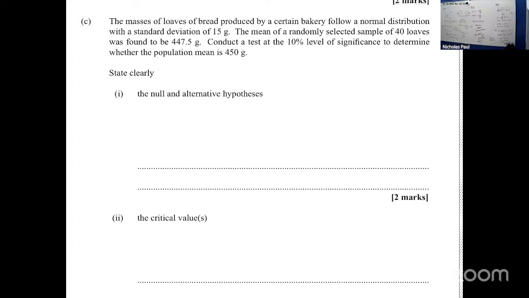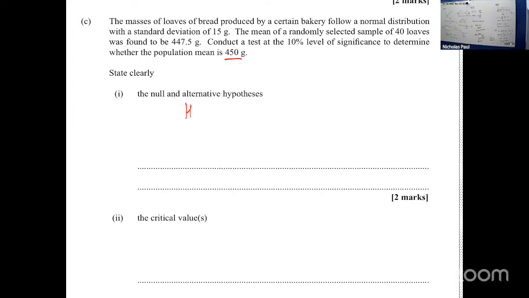Let's just make sure you have it right. The masses of loaves of bread produced by a certain bakery follow a normal distribution with standard deviation 50. So they give us the standard deviation. The mean of a randomly sampled 40 loaves is 447.5 grams. Do a 10% level of significance test to determine whether the population mean is right.